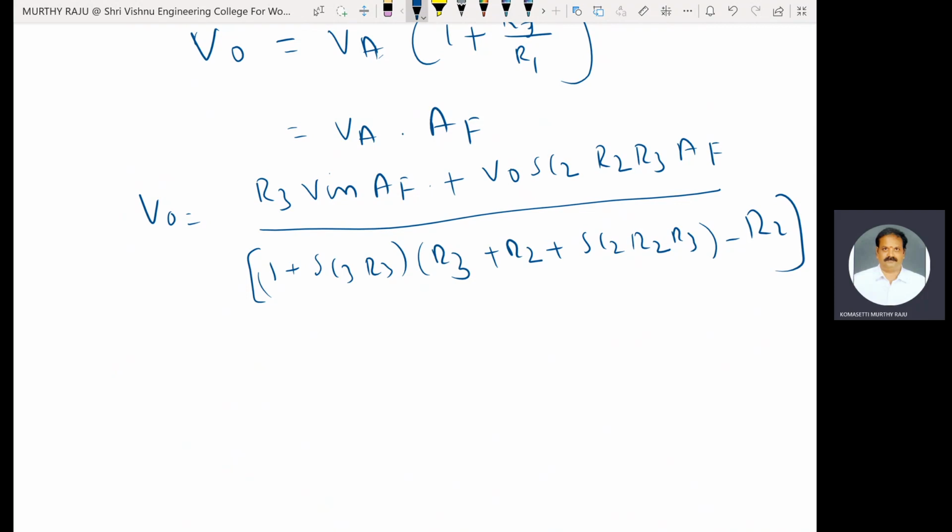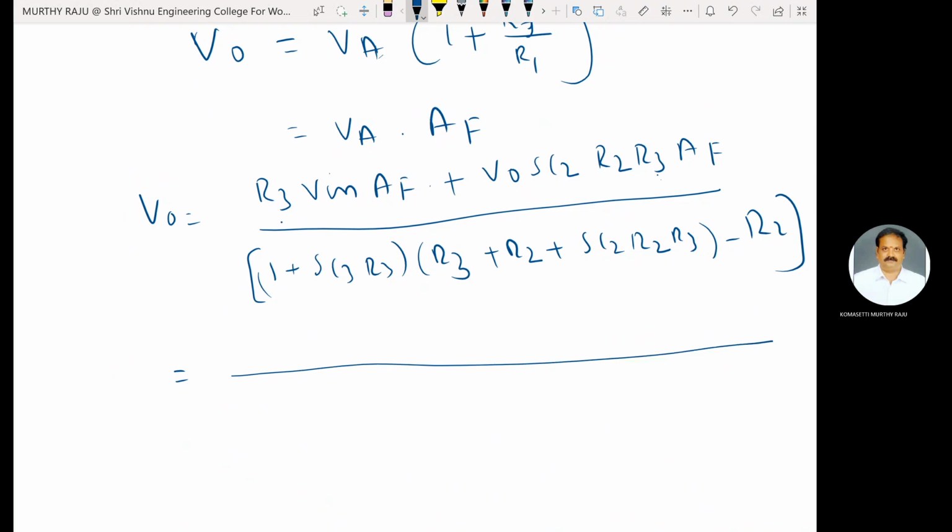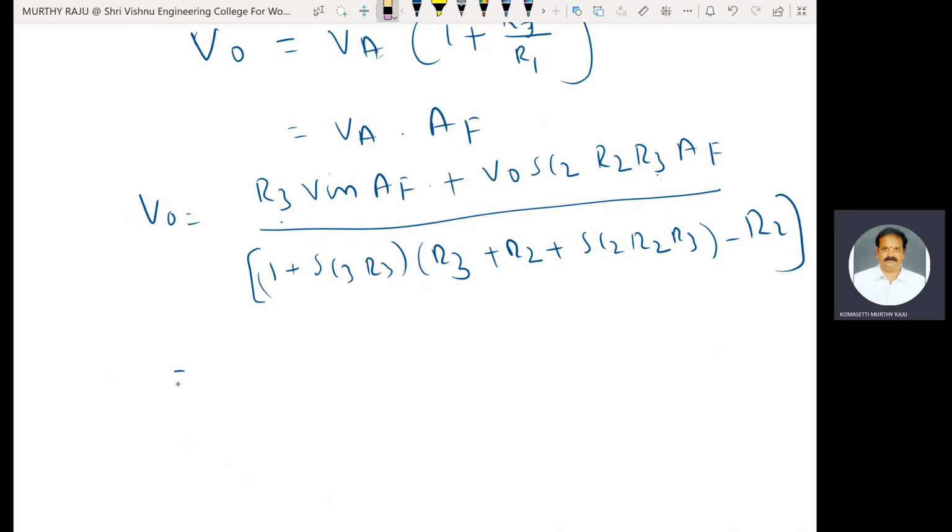Bring this entire term here. Here R2 is there, here R3 is there. R3 is a common term. Simplify this further.